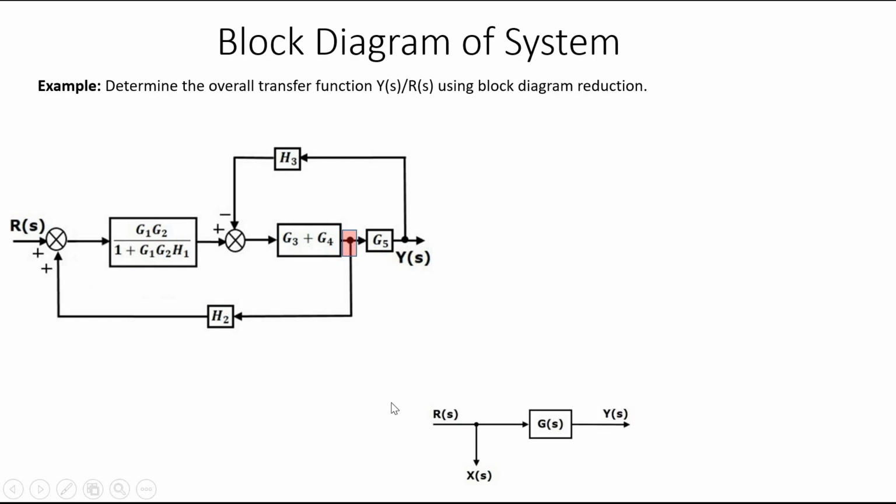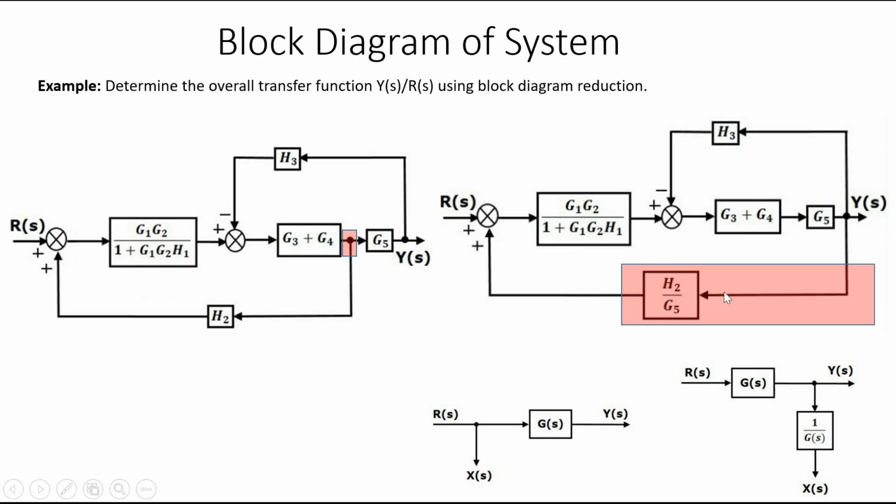Now this takeoff point is before the G5 block, so we have to make it after this G5 block. For that connection we have to multiply by 1 by G5, that is, a division by G5. Here there is already H2, so it becomes H2 by G5.